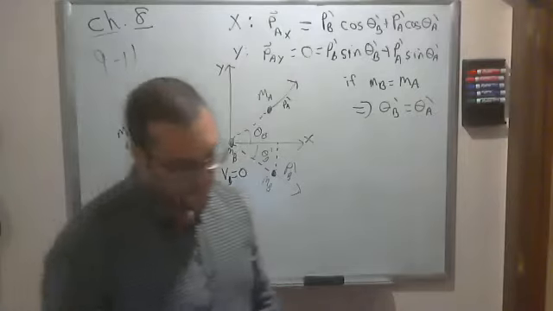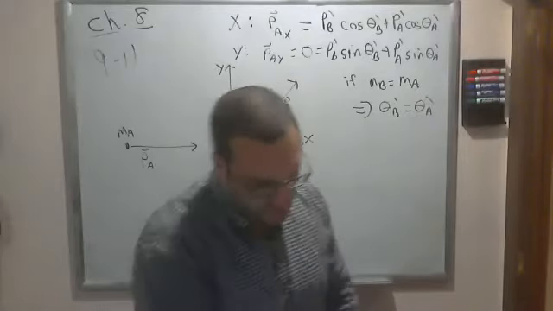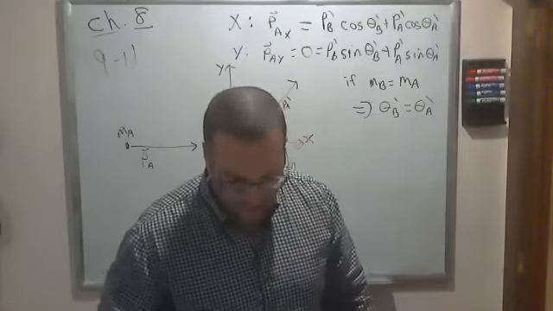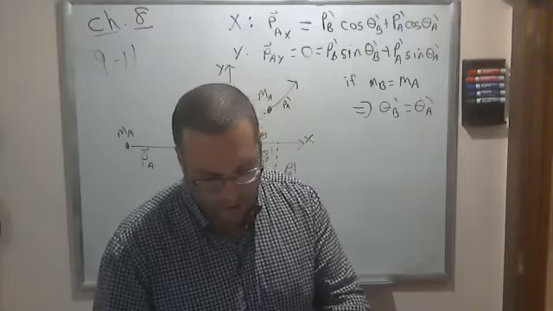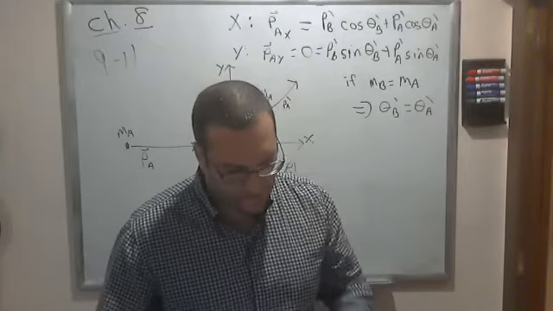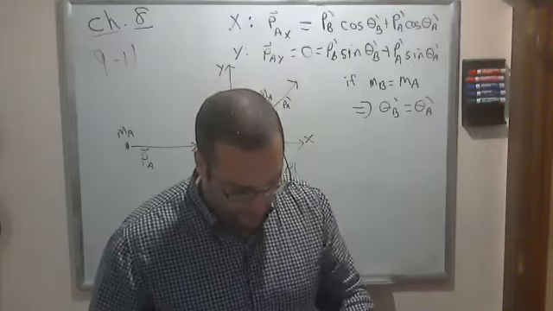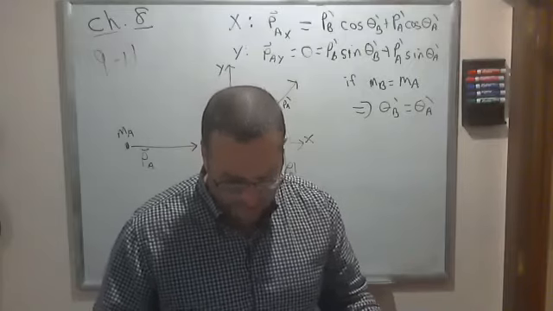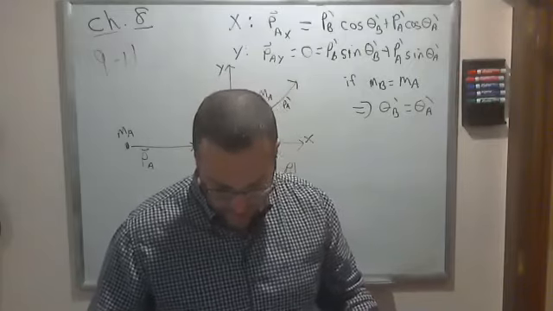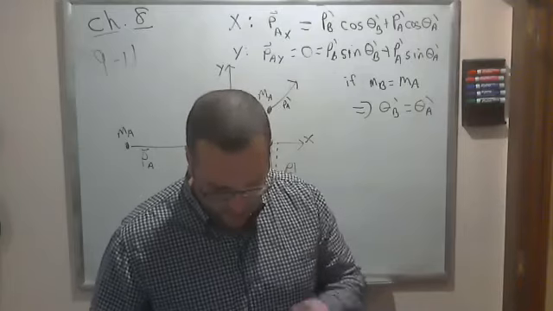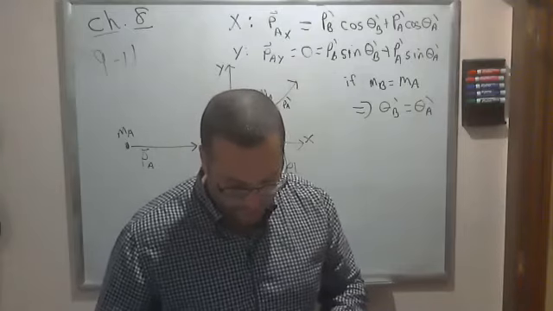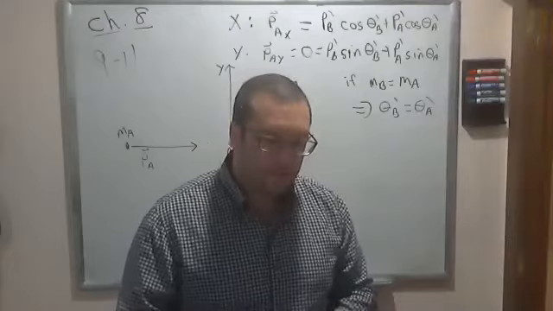Okay. Now, before we finish, I want to introduce a new concept. I don't want to spend too much time on it, given this summer course and there's a lot more material to cover, but it's center of mass.